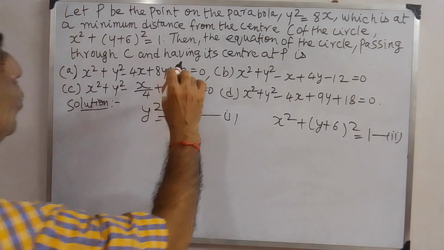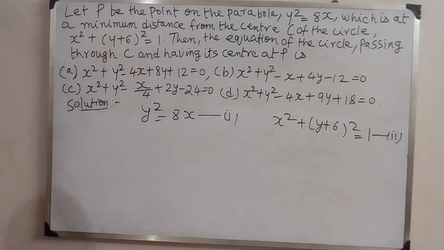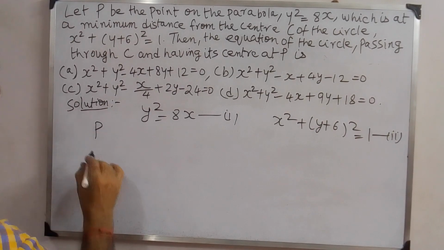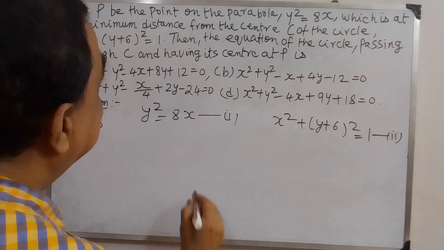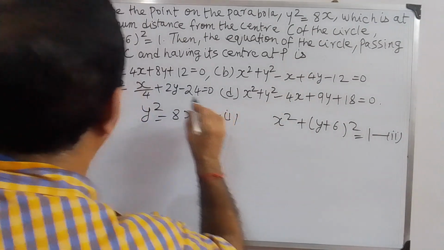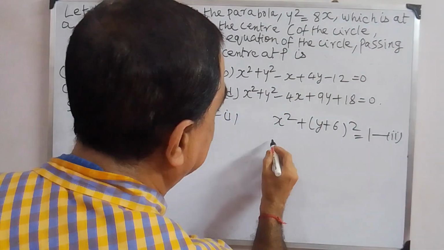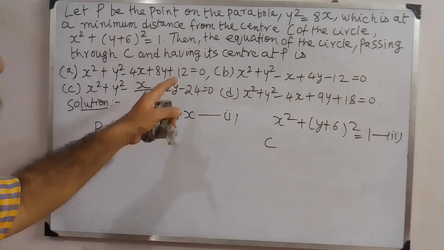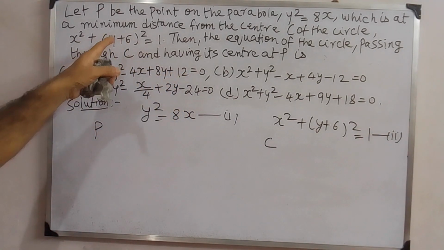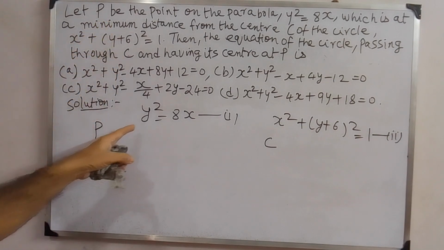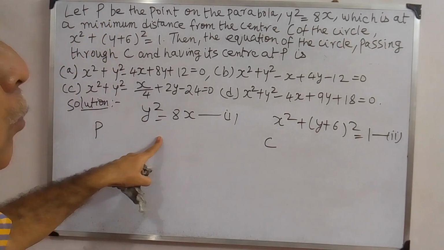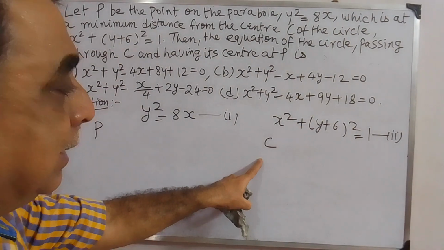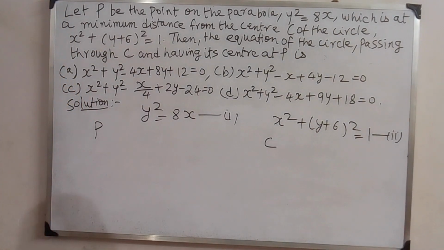And it is being told to us that there is a point P on this parabola, and that the center of this circle is C. P is such a point on the parabola that the distance of P from C is the minimum distance.